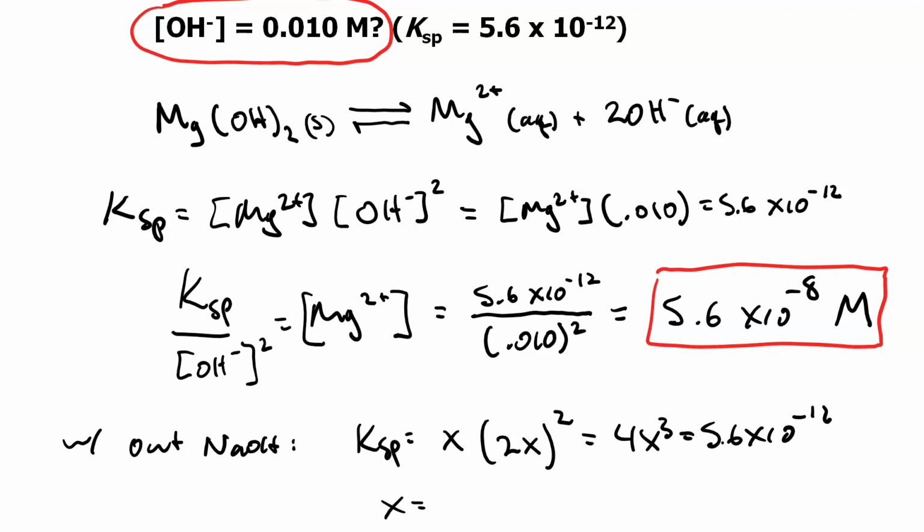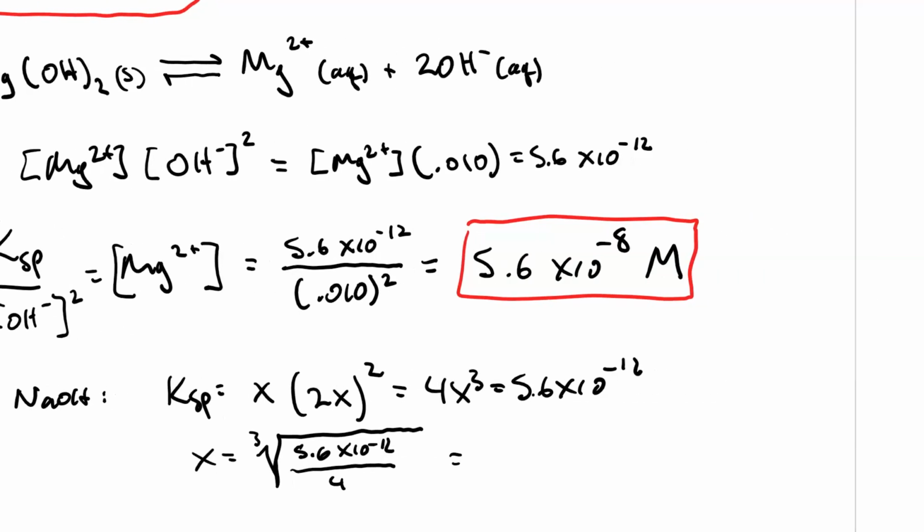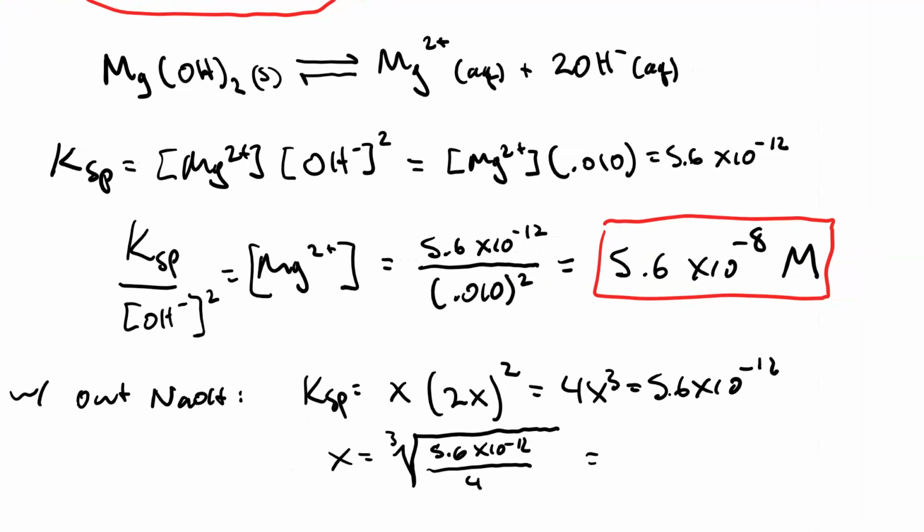So x would be the cube root of 5.6 times 10 to the negative 12th divided by 4, which would give us 1.1 times 10 to the negative 4th molar, right?